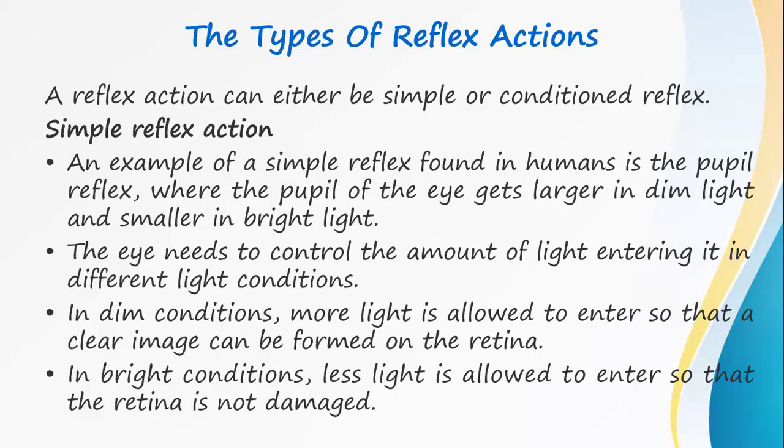So that kind of action of how the pupil adjusts according to the light is an example of a simple reflex action. Now the eye needs to control the amount of light entering it in different light conditions. In dim conditions, more light is allowed to enter so that a clear image can be formed on the retina, while in bright conditions, less light is allowed to enter so that the retina is not damaged. So this is an example of a simple reflex action.